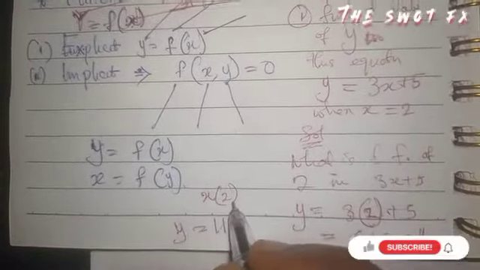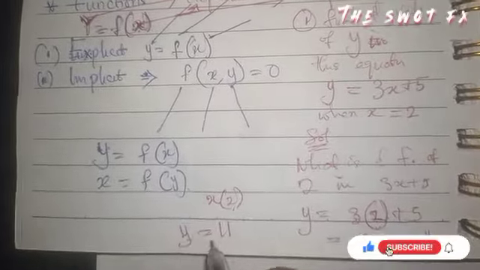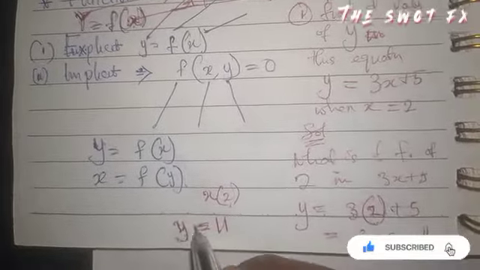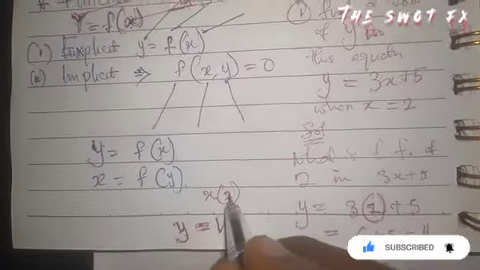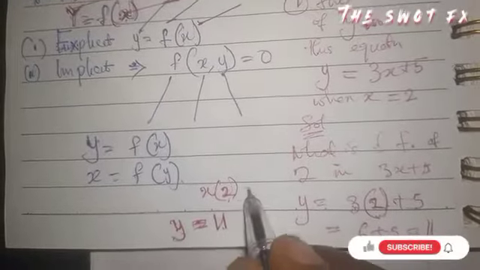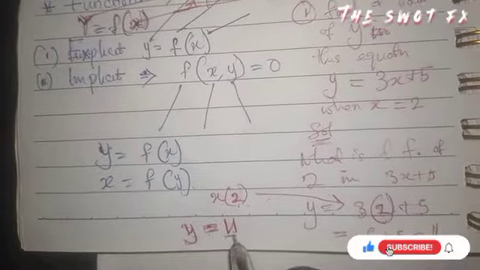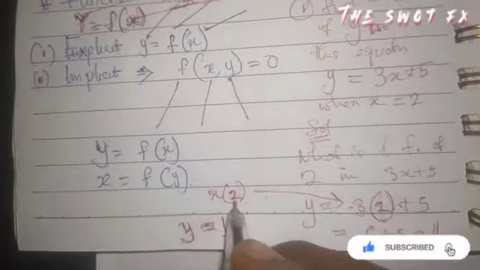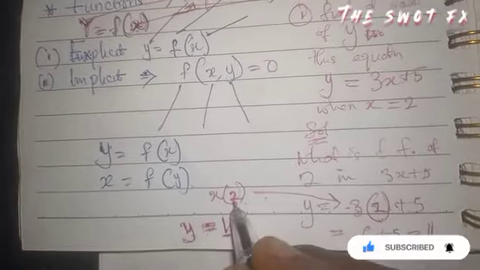Our y equals 11, meaning that the function of x, which is 2, will give us y, which is what? 11, meaning that y, which is 11, is dependent on 2 in this equation. For us to have 11 in this equation, x must be 2, meaning that y is dependent on what?